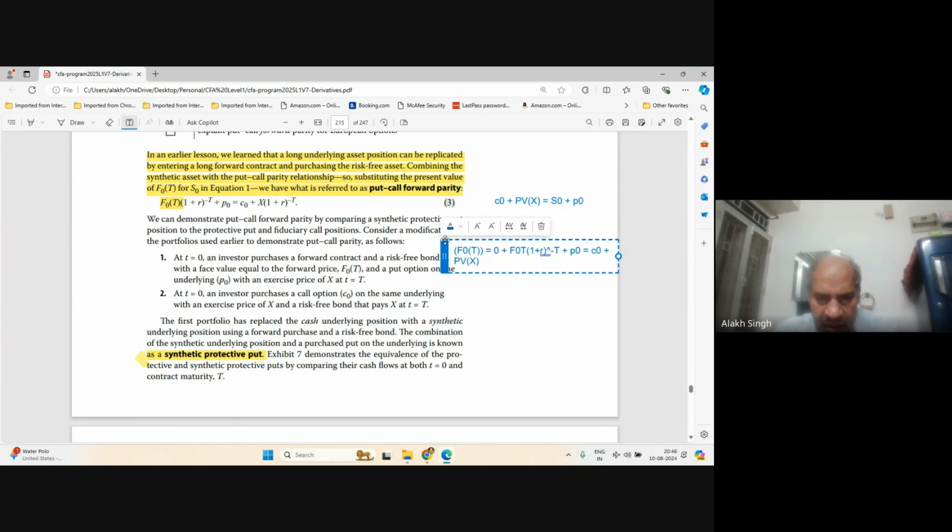This part is synthetic. There is no underlying. We had discussed that in the forward. Probably you might have forgotten by now that we can replicate the stock by buying a forward and a risk-free bond. That is what we had studied: S0 is equal to F0T plus risk-free asset.